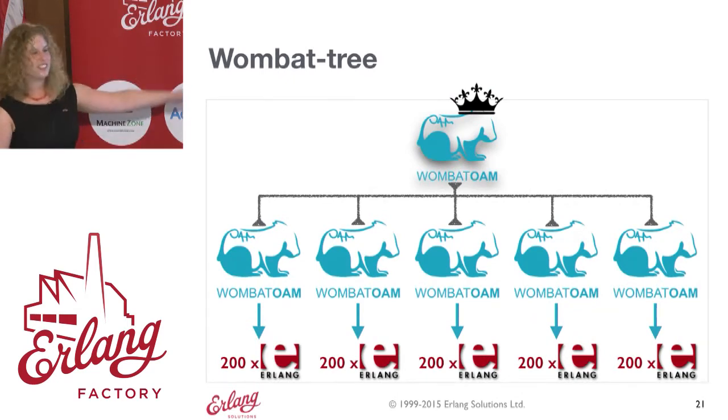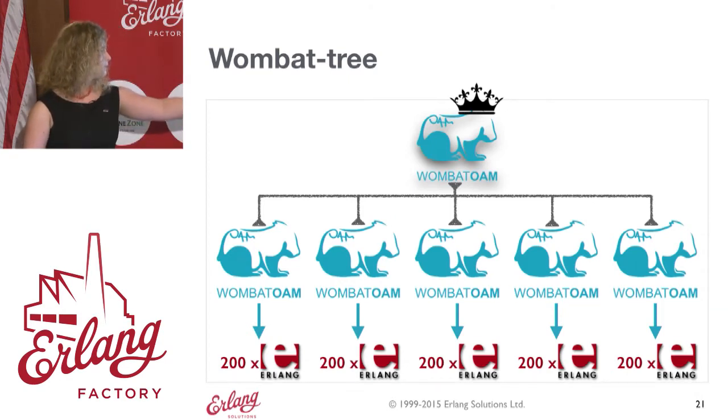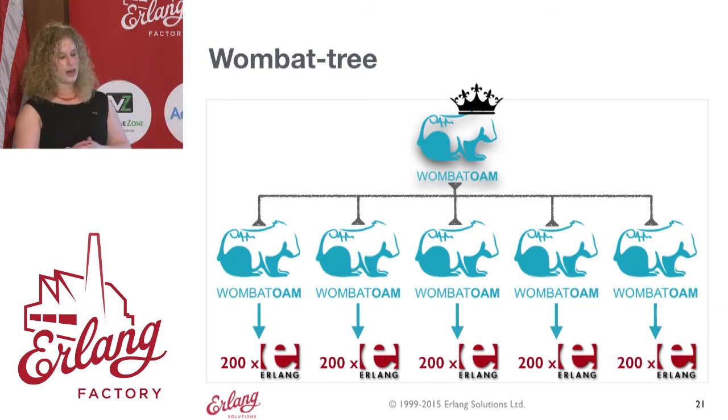This is the new architecture of Wombat, where the old Wombats are the building blocks of the new system. The managed nodes are the leaves and are the children of a worker Wombat. As I said, worker Wombats are the old Wombats, so we avoided the complete re-implementation of the tool. And these worker Wombats are the children of the root node. The root of the Wombat tree is the so-called meta-Wombat.